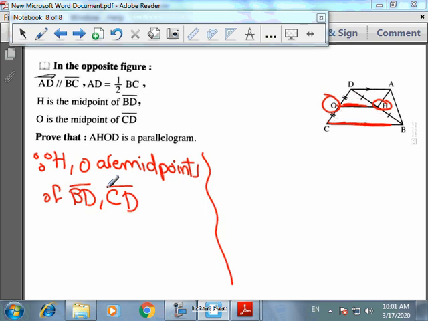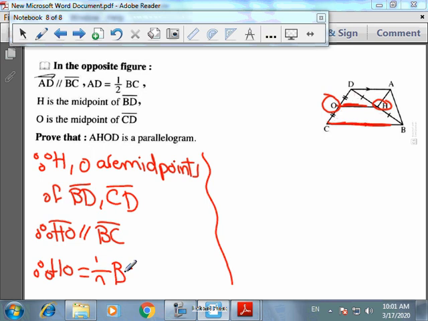Yes, I can write them both in one step. It's correct. So H is a midpoint, O is a midpoint. So HO must be parallel to BC. Also, HO equals half BC. That's our theorems that we mentioned at the beginning of the video.